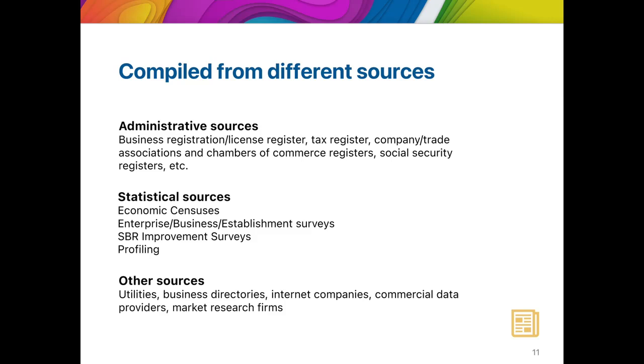Another source is statistical sources from censuses, surveys, and manual profiling. Another source can even be utility, internet, and phone directories, and research firms. By combining administrative, statistical, and other sources, it can provide a comprehensive business register that is accurate, up to date, and useful for policymakers, analysts, and other stakeholders.